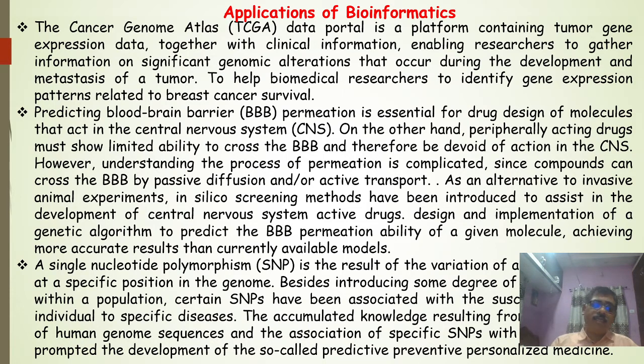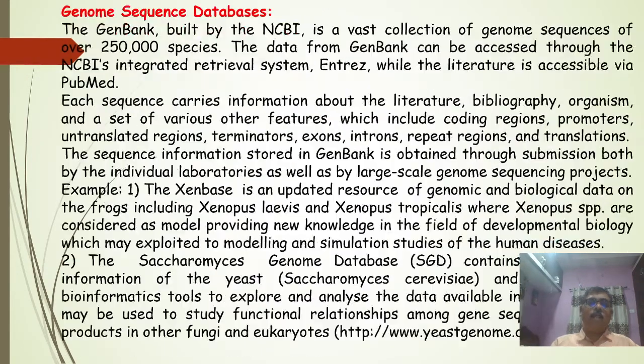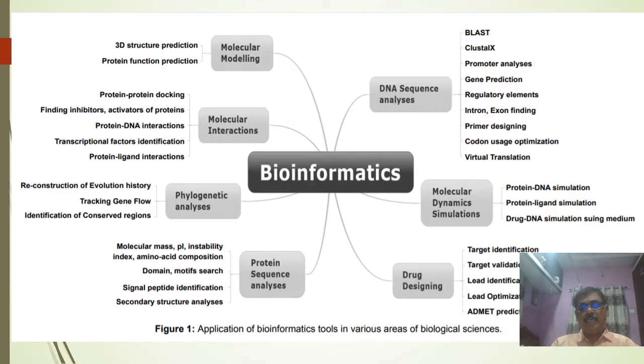So these are the three algorithms of clinical importance for personalized medicine, for drug designing, for determining breast cancer survival, and for understanding the genomic alterations that occur in breast cancer patients. These are all important approaches and uses of bioinformatics in the life sciences.